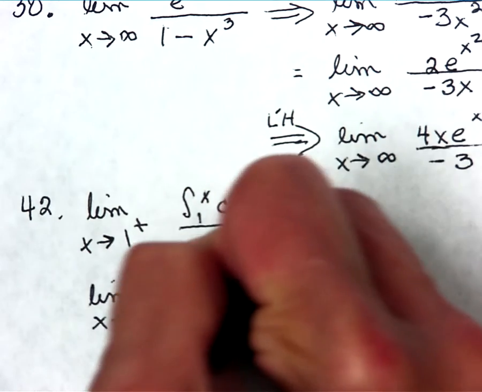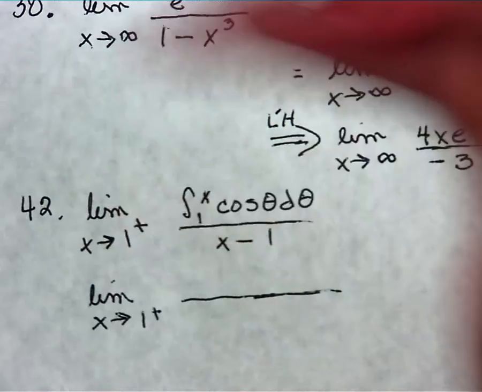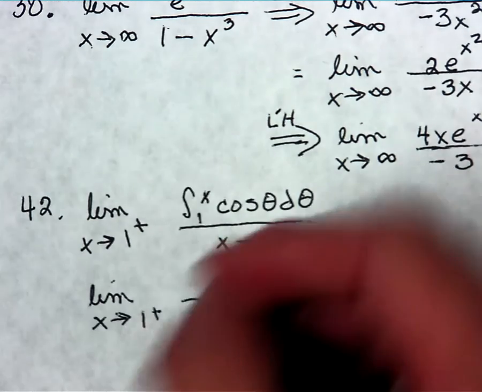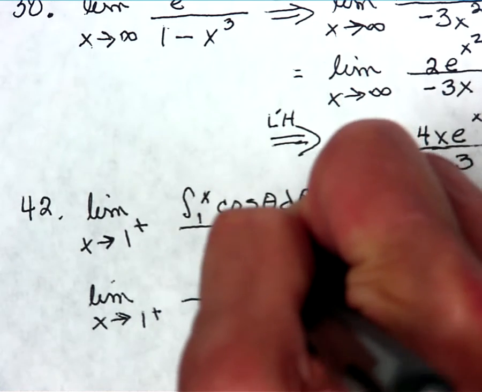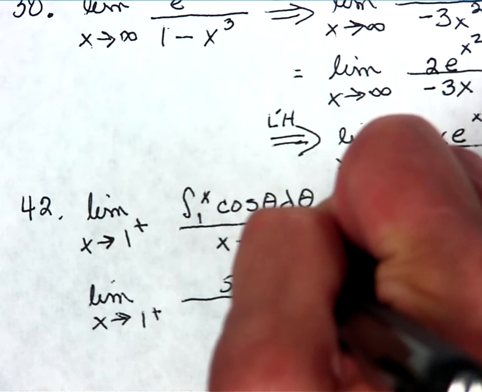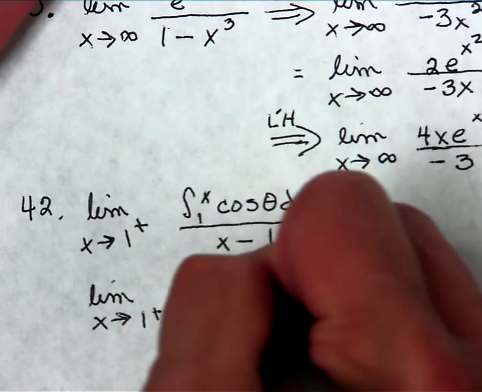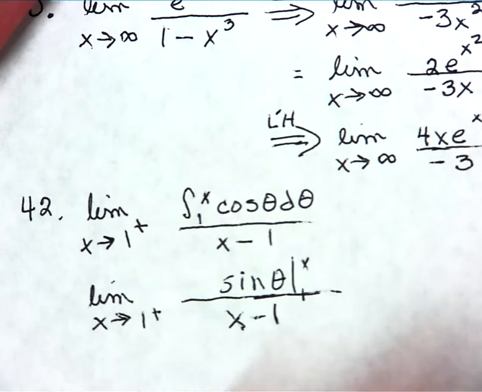So what is the antiderivative, the indefinite integral of cosine theta d theta? Okay. And then I would need to evaluate that from 1 to x. And I'm not doing anything with the denominator right now.